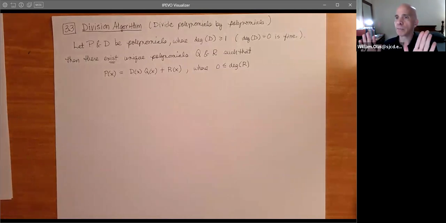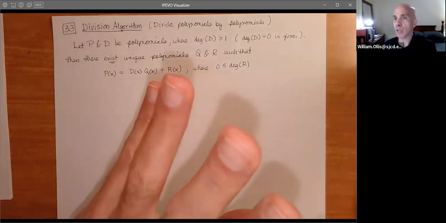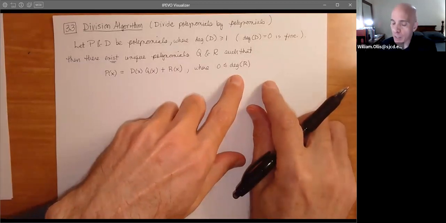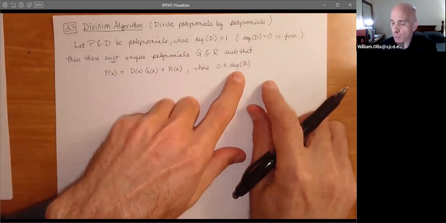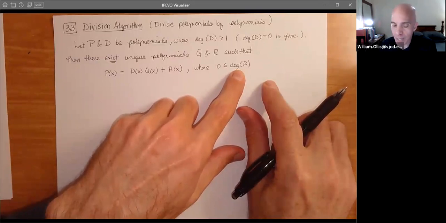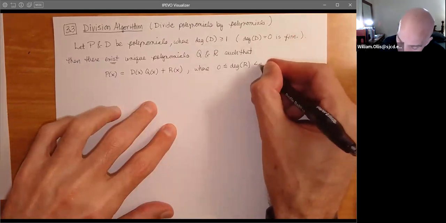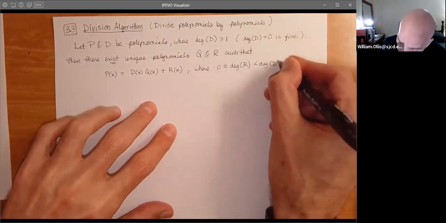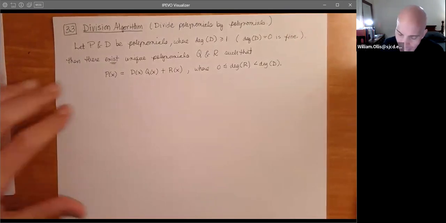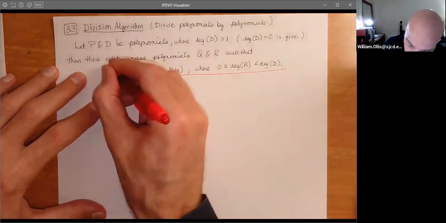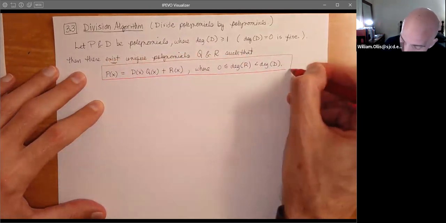If you're dividing by 7 and you subtract and say, oh, I'm left with 3, remainder's 3, I'm done. The similar thing with polynomials is that you keep the division process until the degree of R is less than the degree of the divisor, the degree of D. So this gives us an algorithm that is certainly in line with the division algorithm for integers. It's basically the same thing.